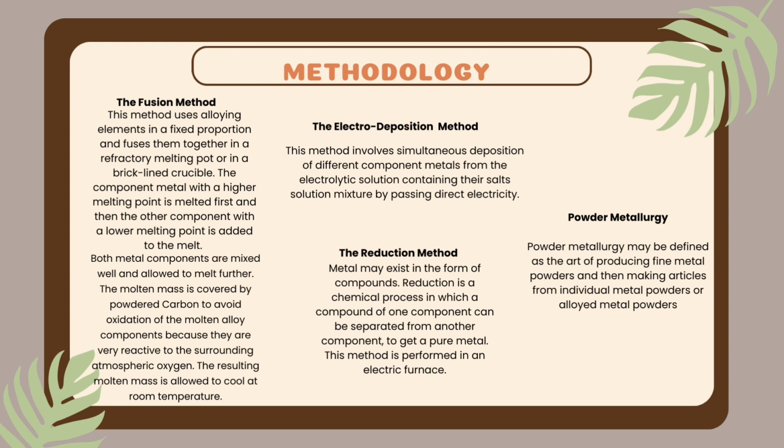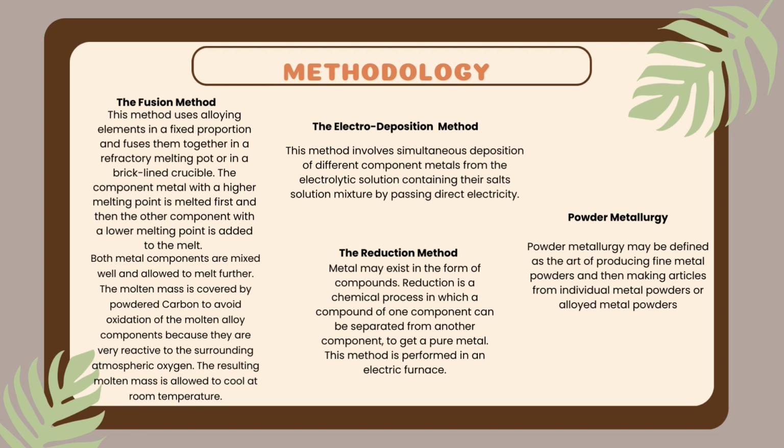Both metal components are mixed well and allowed to melt further. The molten mass is covered by powder carbon to avoid oxidation of the molten alloy component, because they are very reactive to the surrounding atmospheric oxygen.